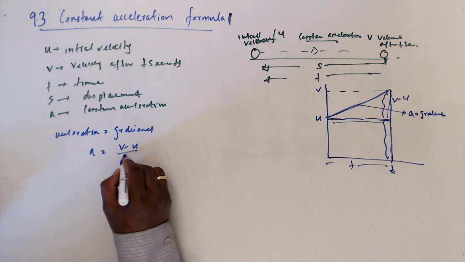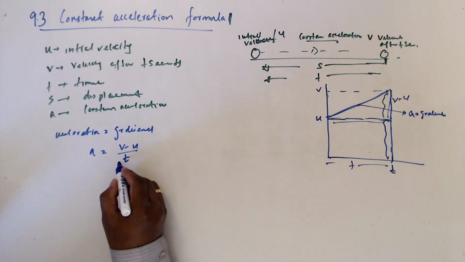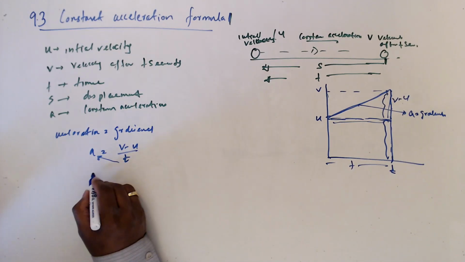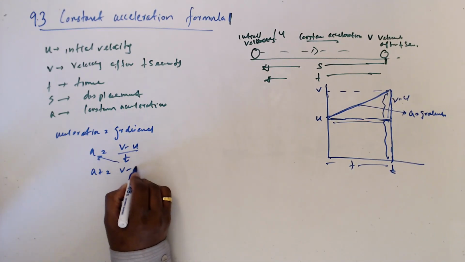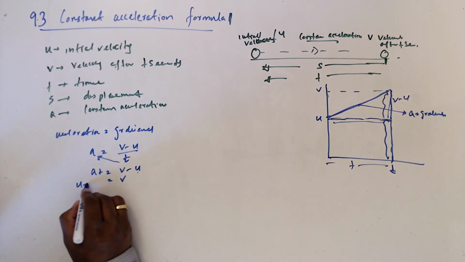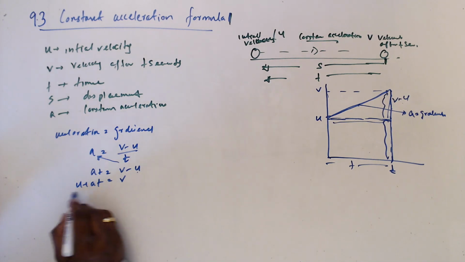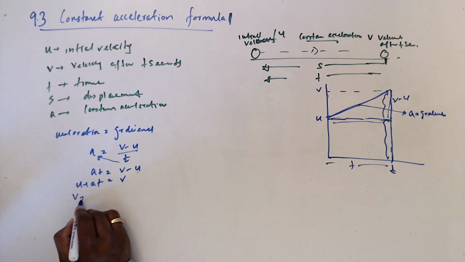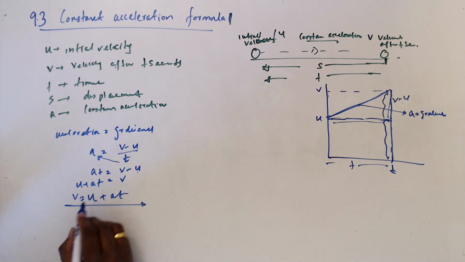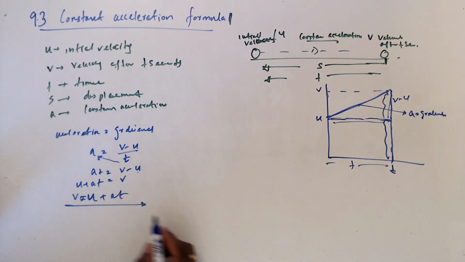So a equals v minus u divided by t. I will cross multiply, so this is going to be at equals v minus u. I'll bring u here. So v equals u plus at. So this is one equation we can use.